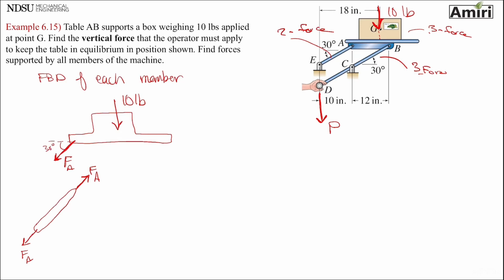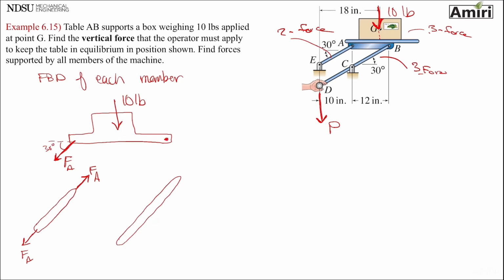Point B, same way. But look, point B is not attached to a 2 force member, so I have a little bit better freedom to put the forces on there.